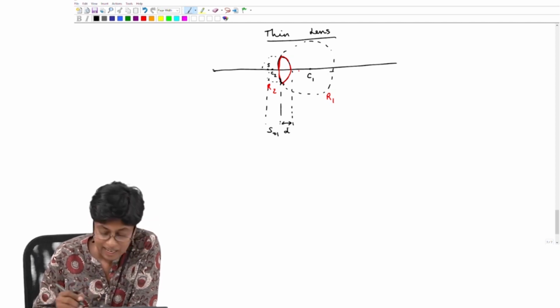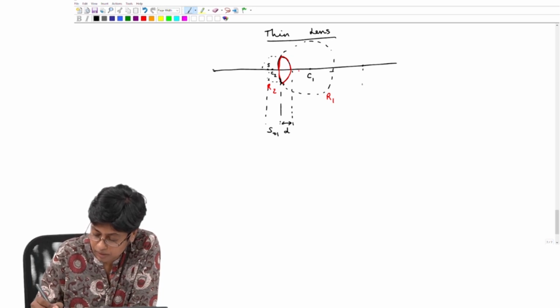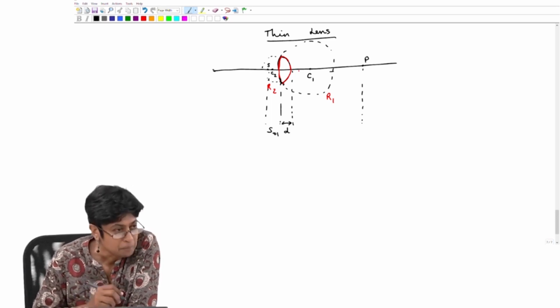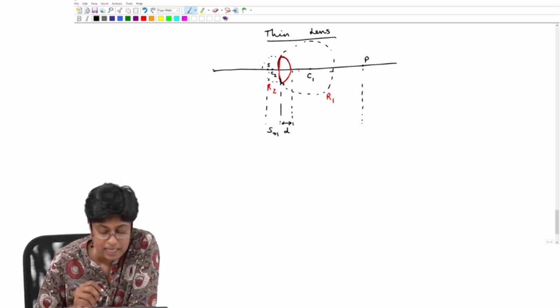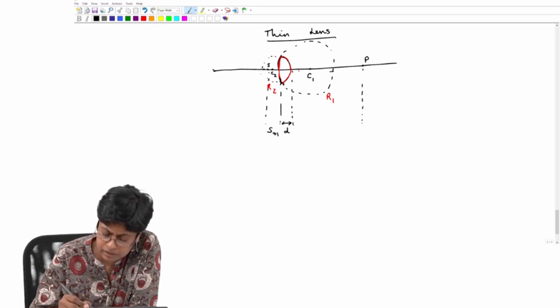Finally, let us say that the image is forming at P, but before it forms at P, there is an image formed by the first interface. I am going to put that image over here, and I will explain why.